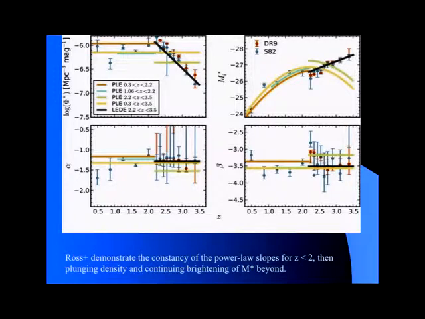And in the upper right-hand corner, you can see their derivation where the characteristic luminosity, the knee at which the break happens, increases to brighter and brighter magnitudes as a function of cosmic time as parameterized by redshift. So this is fairly decisive.